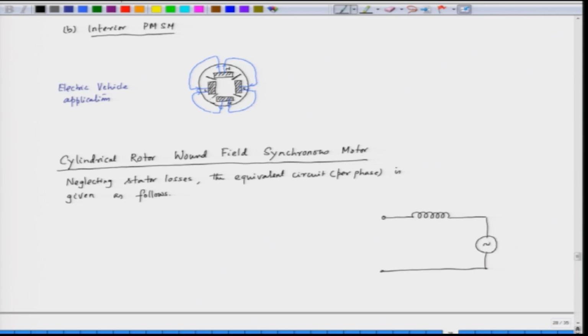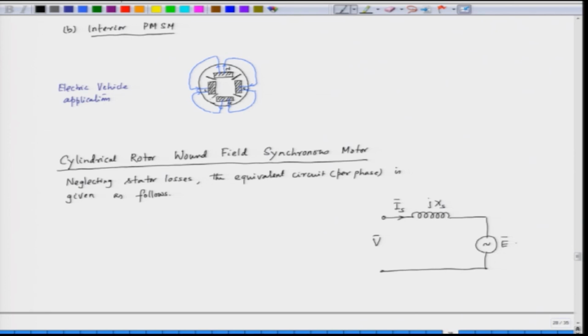So, this is the field induced EMF, and this we can say as E, and this is the applied voltage, which is V per phase, and this is the stator current, each one is a phasor, and then this is the synchronous reactance jXs. So, we have neglected the resistance part because we have neglected the losses.